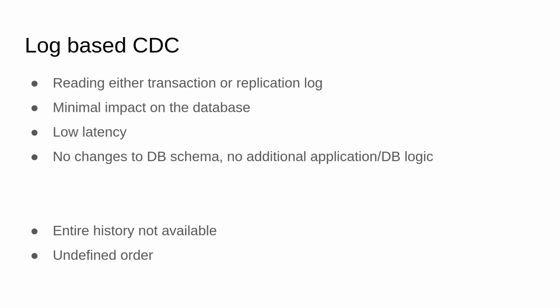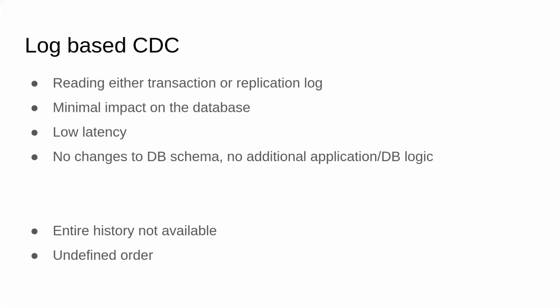And it's low latency, meaning that you probably won't get to low milliseconds, but you can easily achieve something between 100 milliseconds and 1 second from making the change to seeing the change in the other system based on this technique. And you don't need any additional changes to the database, to the schema, or to the application logic to use this log-based CDC.